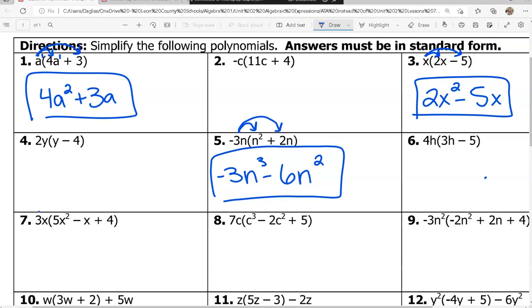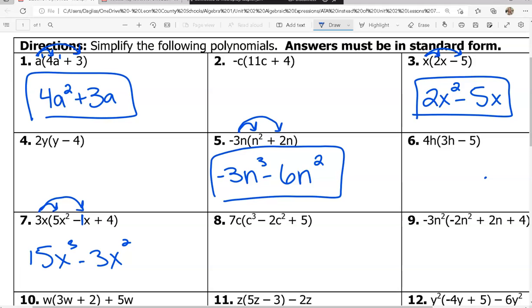So, Miranda, what did you say 3x times 5x squared was? 15x to the third. Good. Do the middle. 3x times negative x. So 3 times negative is negative 3, and then x times x is x to the power 2. Remember, when we have a minus like this, technically that's like a negative 1, if that helps you see that.